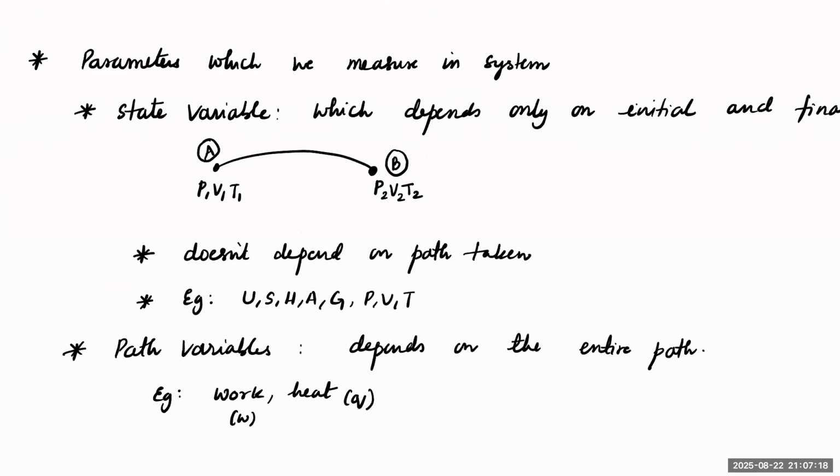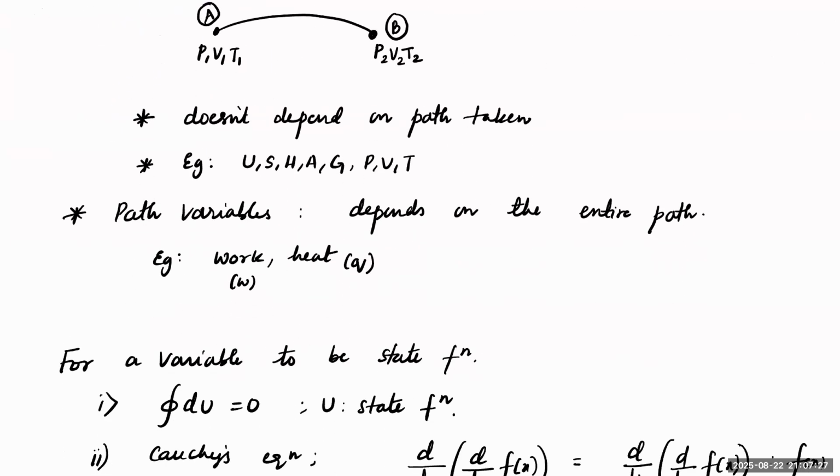So variables which are independent of the path taken are called state variables. Clear? They do not depend upon the path taken. Understood? Now, pressure, volume, temperature, we have learned that they are independent of path taken.